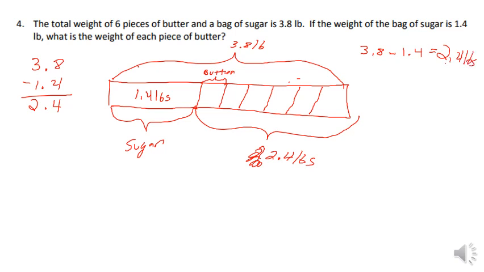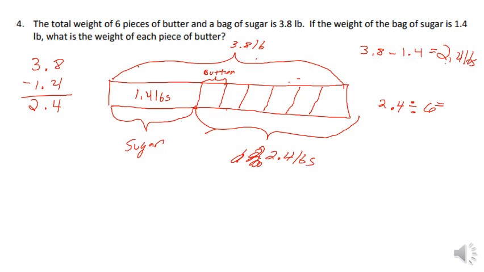Now the question asked, how much is 1 stick of butter? Well, I know there's 6 of them here. So now the problem becomes 2.4 pounds of butter divided by 6 equals.